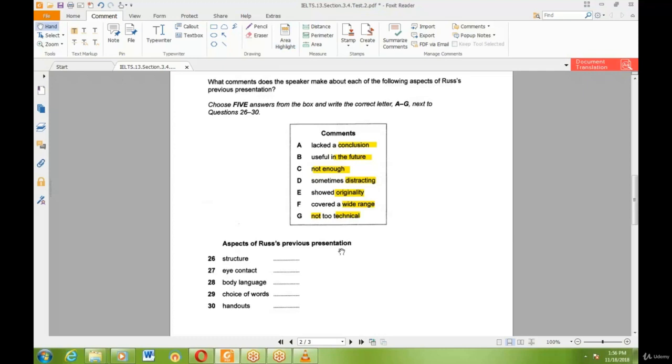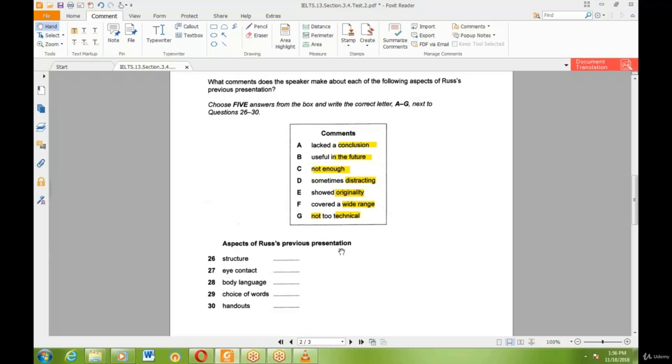So I already know when I look at this question that when they talk about the word structure, what they say about it is going to connect to synonym language for one of the answers.